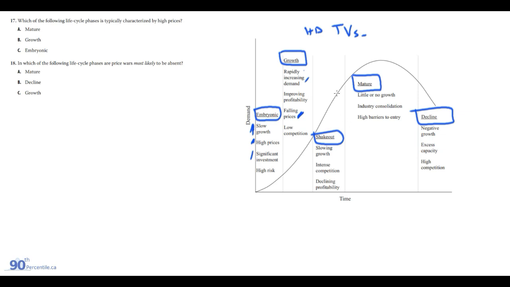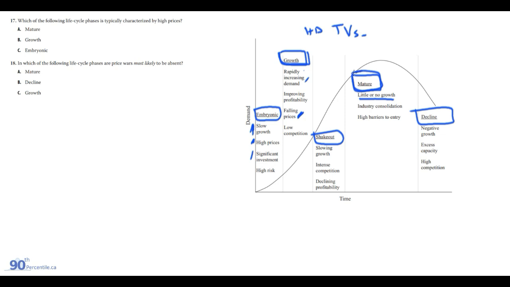Growth starts to slow a little bit, but that's only because there was so much rapid growth here. And then we get to the mature phase, which is where we are now with HDTVs. It's classified as little or no growth here. HDTVs might not be the perfect example of that, but generally, it's mature phase. Growth is relatively stagnant. Usually grows in line with GDP growth.